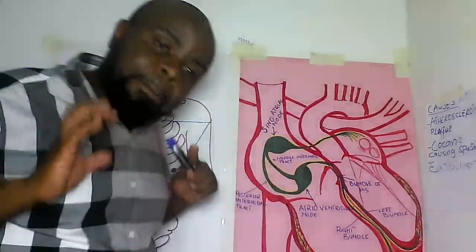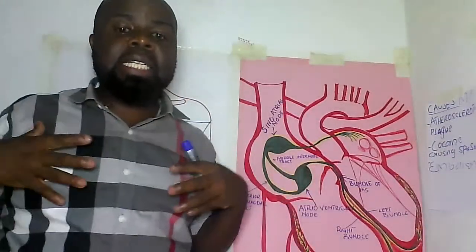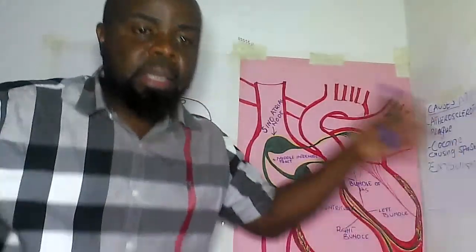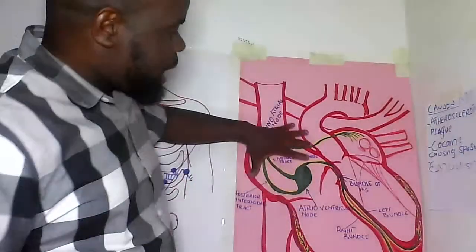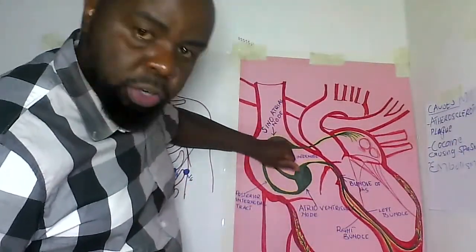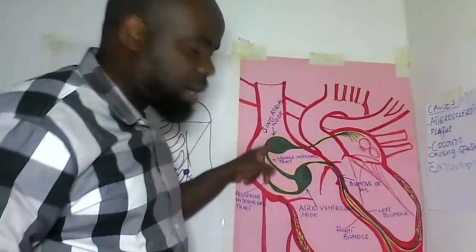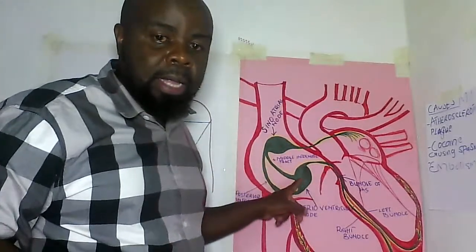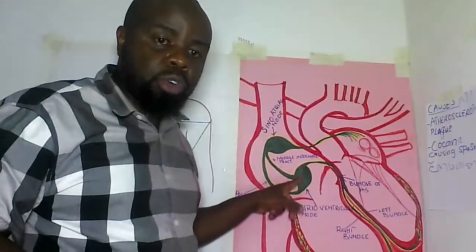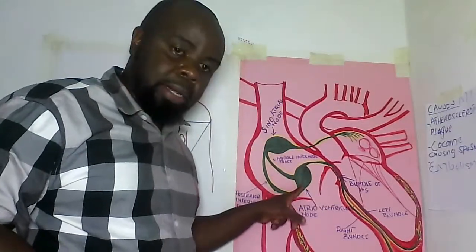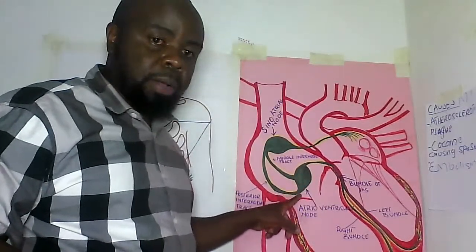now it sends the signals, it supplies your heart. Now this one has contracted, blood has gone because the sinoatrial node has sent the signal to the atrioventricular node.